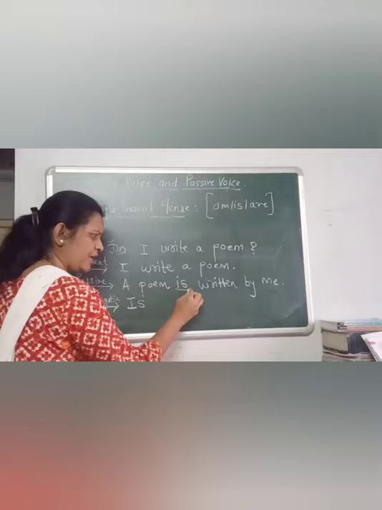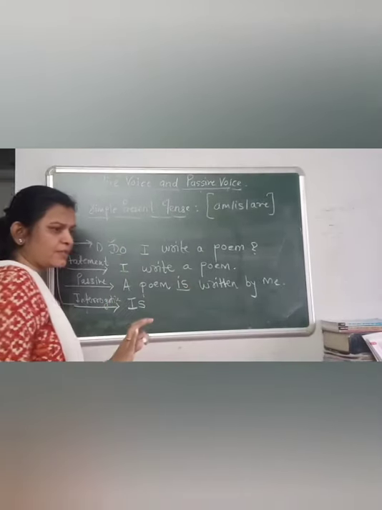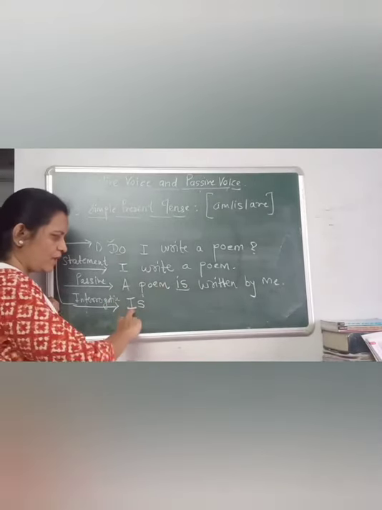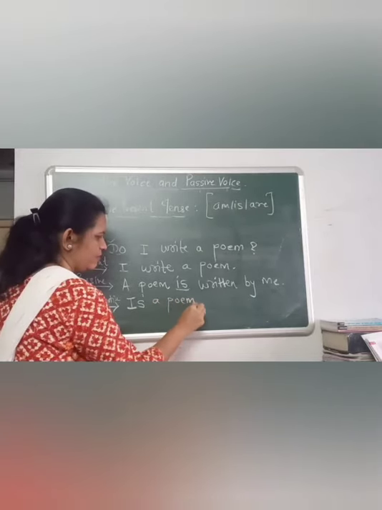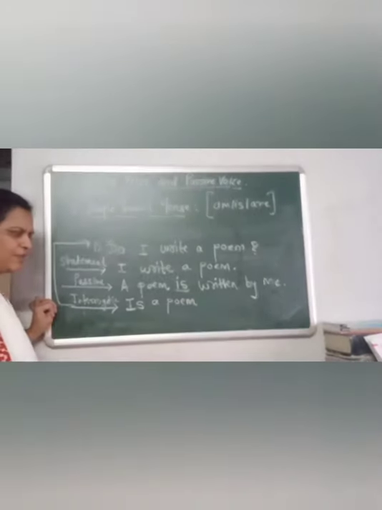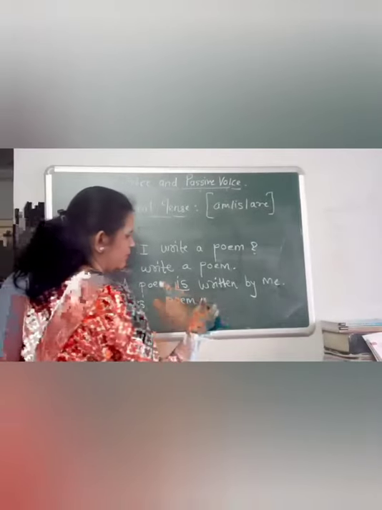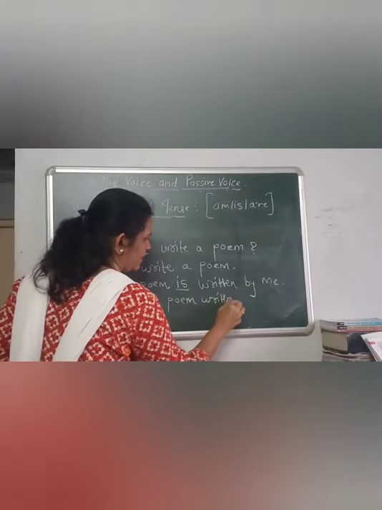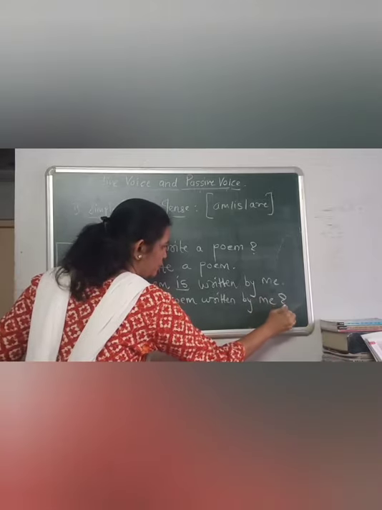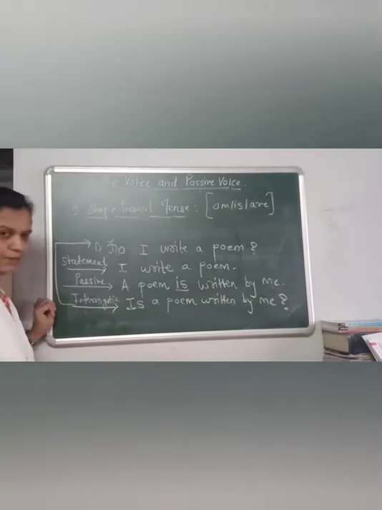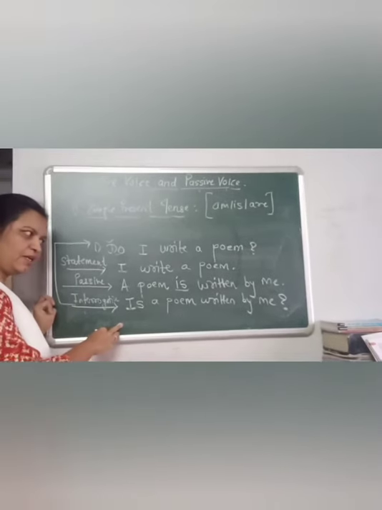Once we used it, there is no need to repeat it once again in the sentence. So, is written. Is a poem written by me? We have to write from the beginning only. And don't forget to give the question mark here because it is very important.